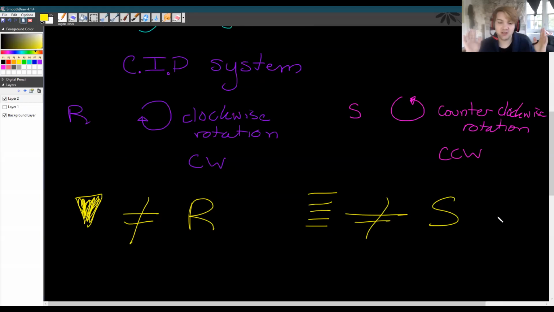This is the assumption that people come into whenever they are studying R and S. They think this is the relationship. It is not true, okay? You can be S and have a wedge bond. You can be R and have a dash bond. They have no bearing on each other. Okay? So this relationship of wedge equals R is not true.